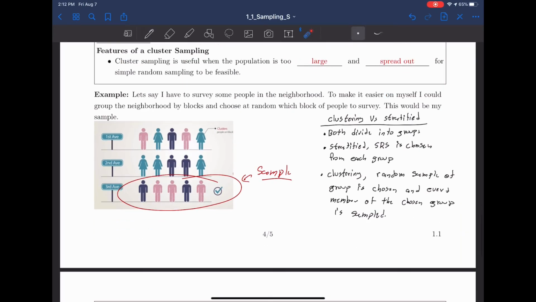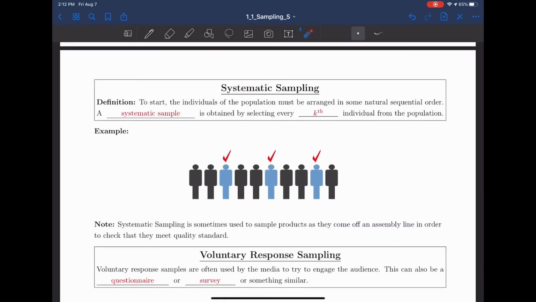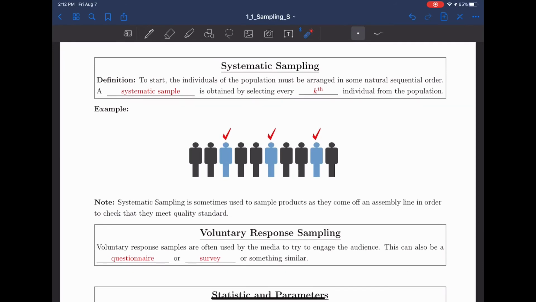So next we have systematic sampling, and this is probably the easiest to remember out of all the other sampling. You want to order your individuals in some sort of way, and you pick every nth individual to be in your sample. So for example, let's say there's a group of people in line in a Starbucks, and you want to take a survey and ask them about how they like their coffee or something like that. So since they're already in line, you pick every third person to survey, and those people will be in your sample.